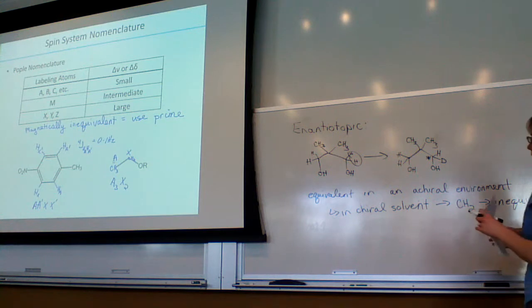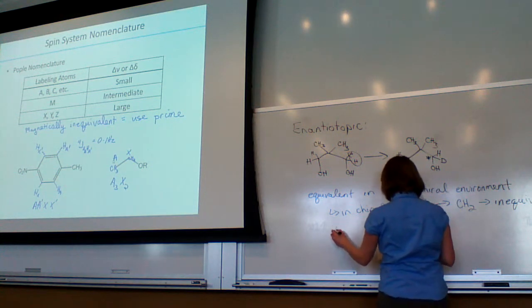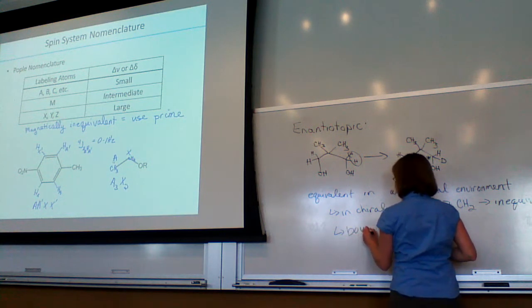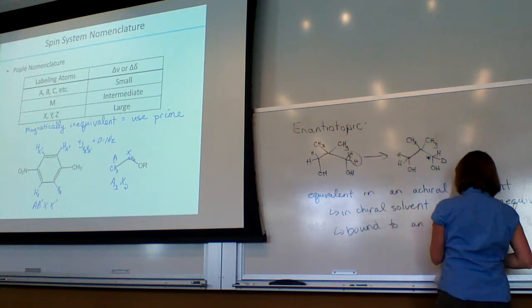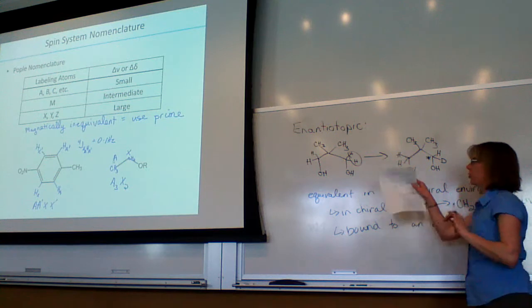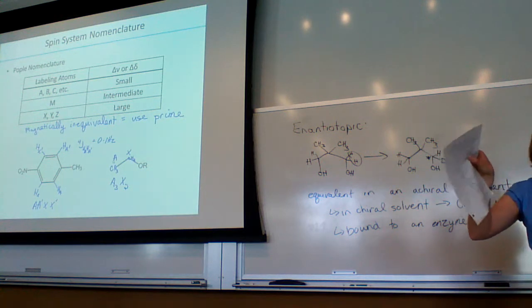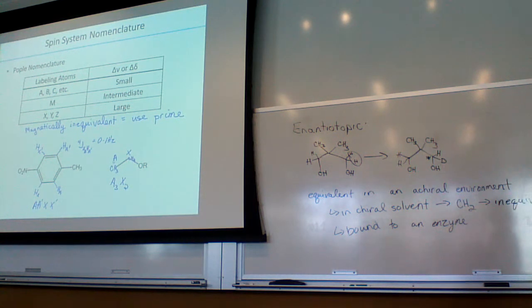And if you're in biochem, you may also see this when it's bound to an enzyme. So the two hydrogens of that CH2 group are going to be different enantiotopically. For the most part, this doesn't affect our spectra at all, because we usually don't use a chiral solvent.